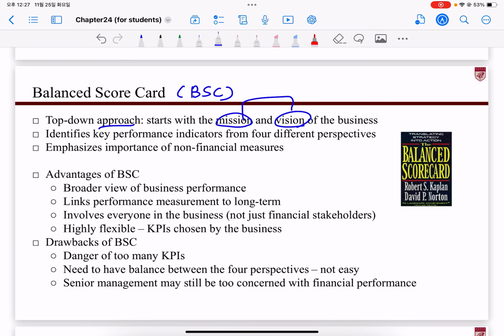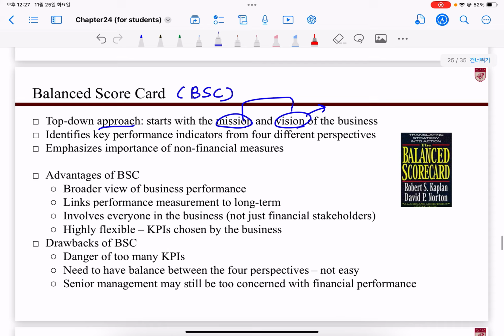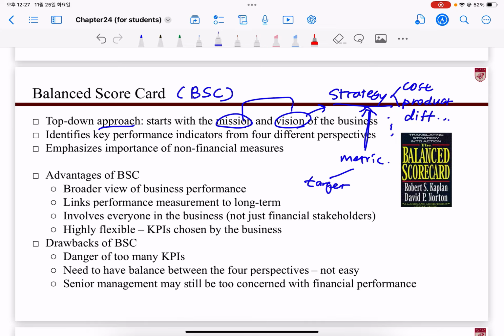Based on that, you want to implement a core strategy, right? Like, do we want to be a cost leader, right? Do we want to differentiate our product? This we have learned in chapter 1, right? So all these strategies. After having a strategy, we want to have a metric, meaning we want to quantify what is going to be our target for this strategy and mission, what is our actual results, right?